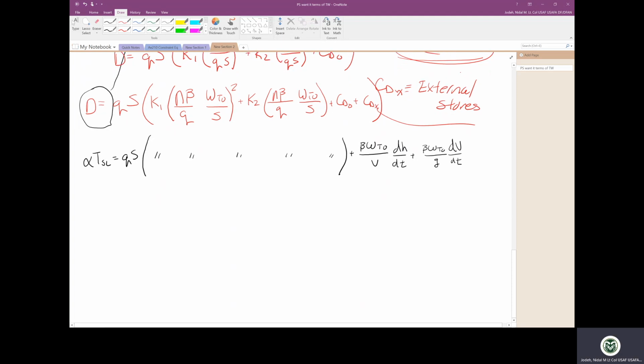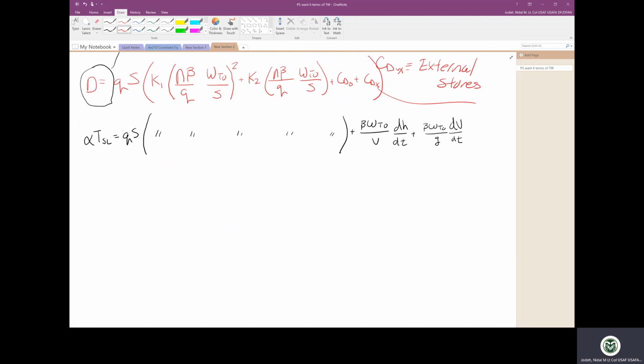Okay? Now remember, I want to get my output in terms of thrust over weight. So I'm almost there. So what I'm going to do now, I'm going to divide this whole mess, I'm going to divide each term by beta weight takeoff.